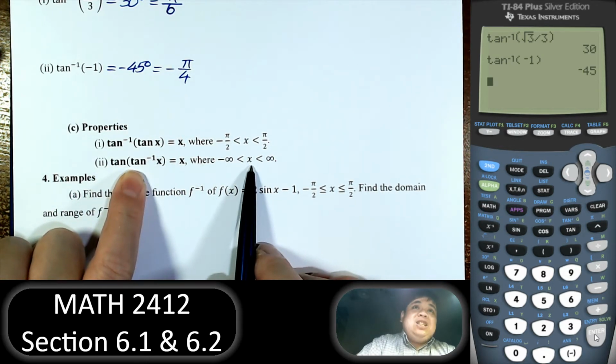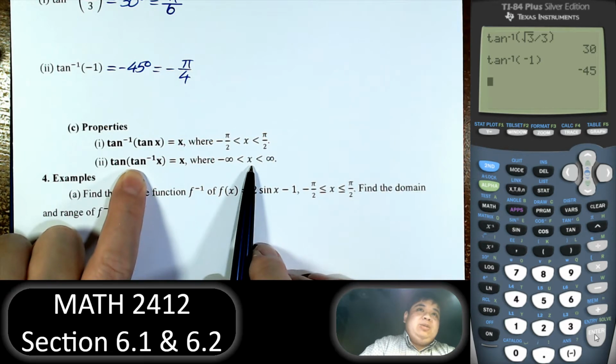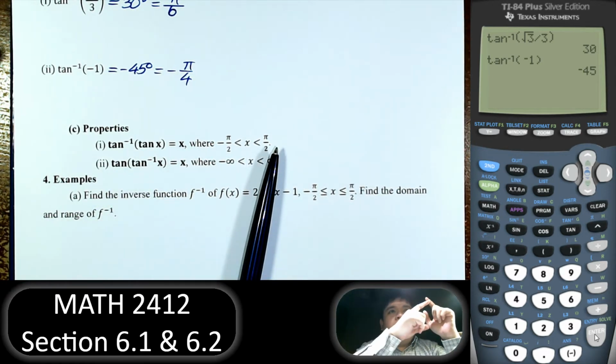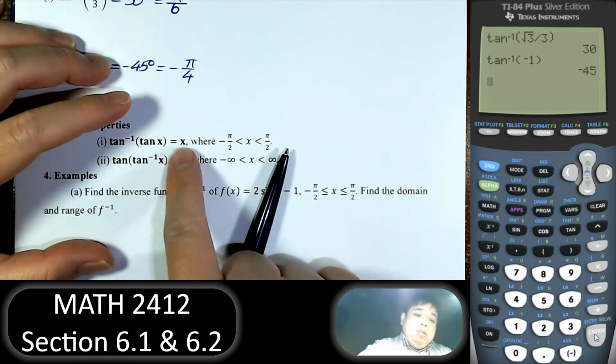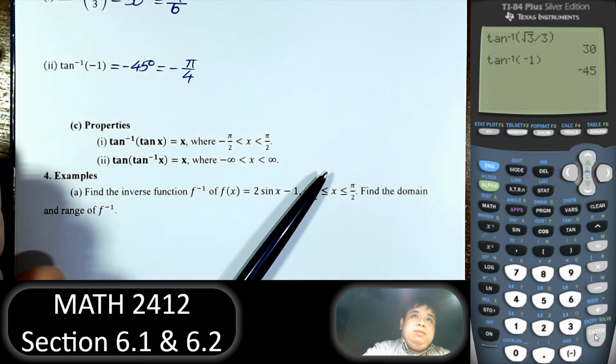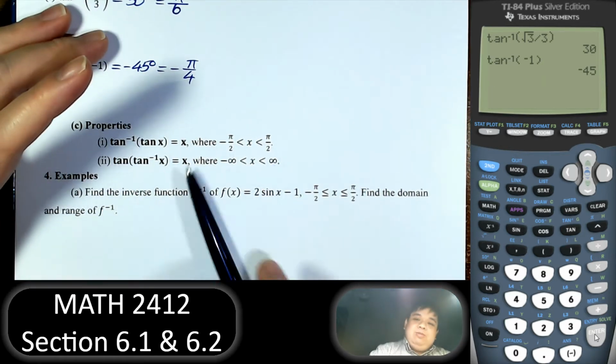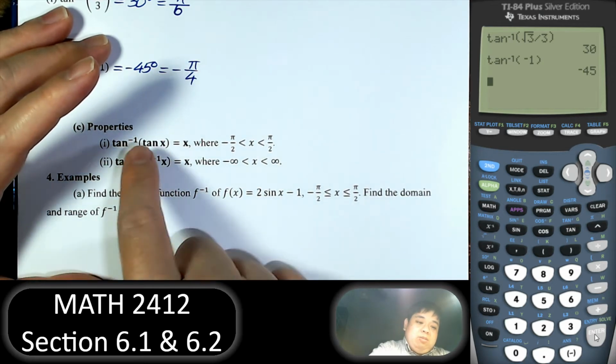But in this case, it is defined everywhere. So once again, the function cancels the inverse if it is defined. The inverse only cancels the function if it is in the domain. Right, but it's always defined in that case.